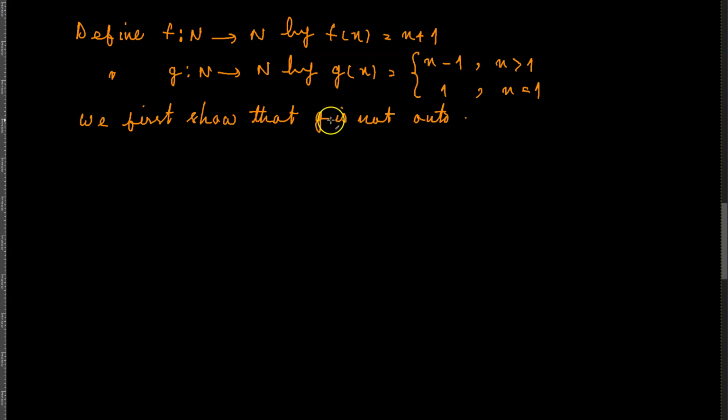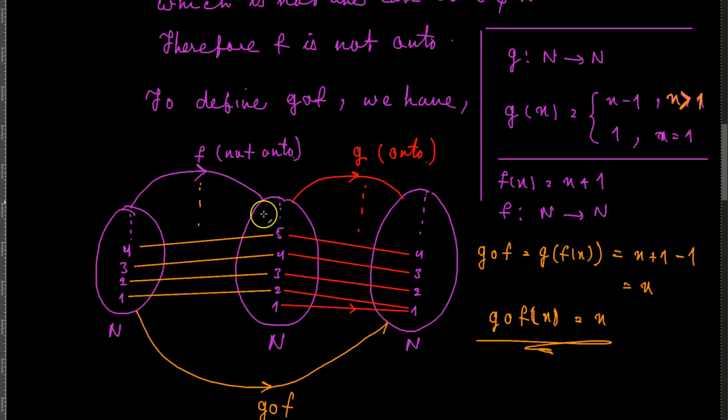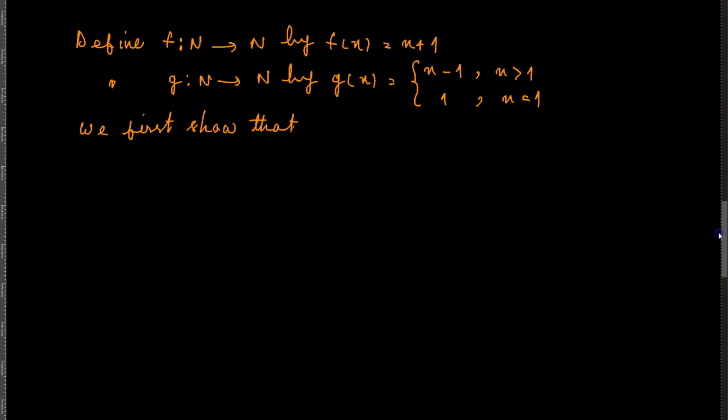Actually, you have to show that f is not onto. No, this is wrong. I was just saying that there are no mistakes here, but it seems that they have made a mistake in this solution. Actually, I was reading from the text. We are actually supposed to show that f is not onto, not g. G is actually onto. There is no problem with g.